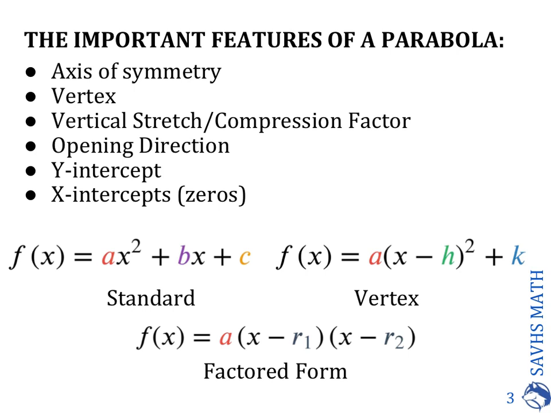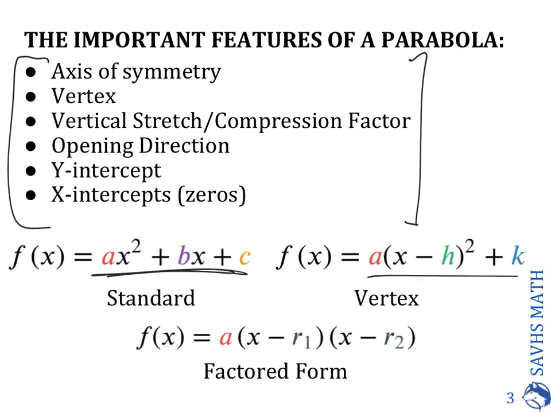These are the three forms of quadratic functions that you're going to see. You can get all of these important features that I've been talking about off of all of these. You know how to do a lot of these things with standard form, especially, and with vertex form.